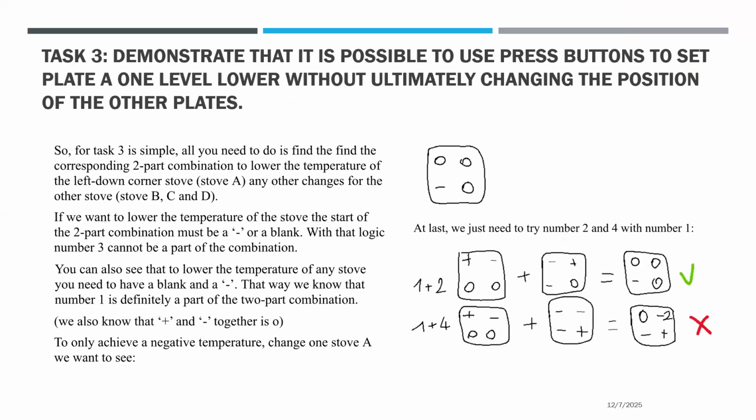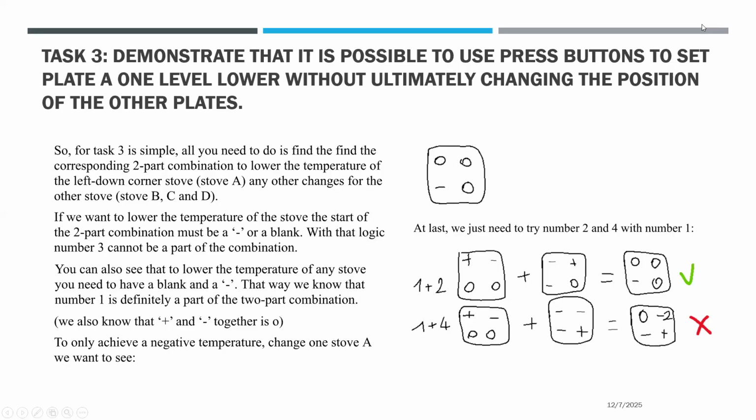Okay, so task 3 is really simple. All you need to do is to find the correct corresponding two-button combination to lower the temperature of the left down corner stove A. By doing that, we need to see that you need to change it by 1 and not change any others.